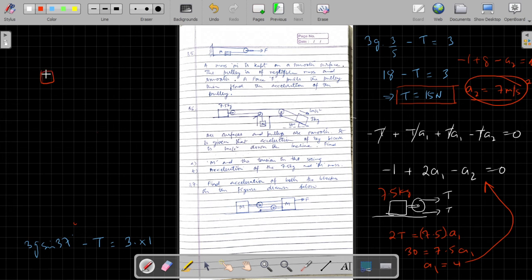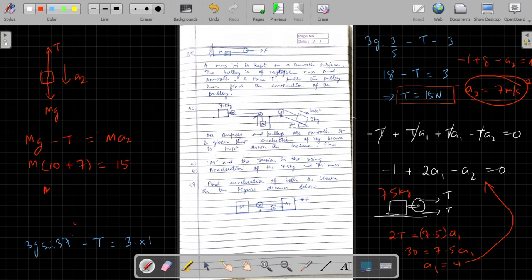If we draw the FBD of mass M, we would say the tension force T is acting in the upward direction, and the gravitational force Mg is acting in the downward direction, and the acceleration of the whole system is in the downward direction, that is what we have chosen, a2. So Mg minus T is equal to M a2, or M times g, which is 10, minus a2, which is 7, is equal to the tension T, which is 15 newtons.